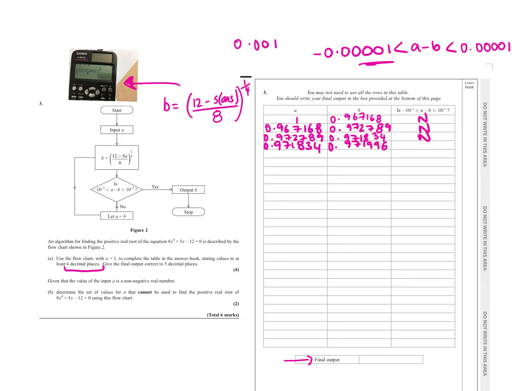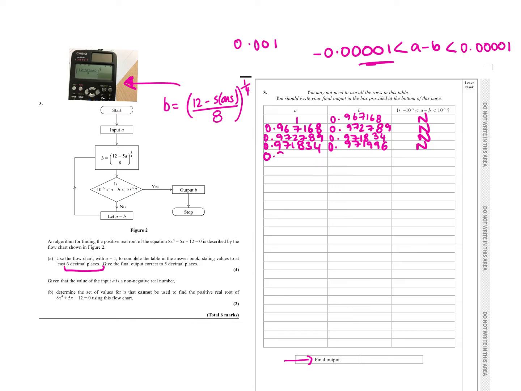0.971996. Okay. Now, if I was to take these away, if I look, 9 take away 9 is 0. 7 take away 7 is like 0. 1 take away 1 is 0. 8 take away 9 is the fourth place here. 1, 2, 3, 4. I'm going to have a 1 here, aren't I? So, nope.